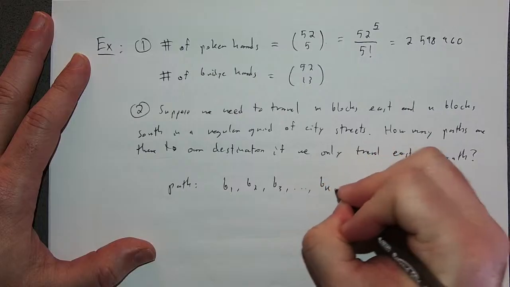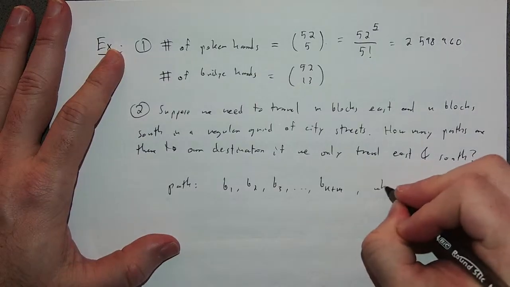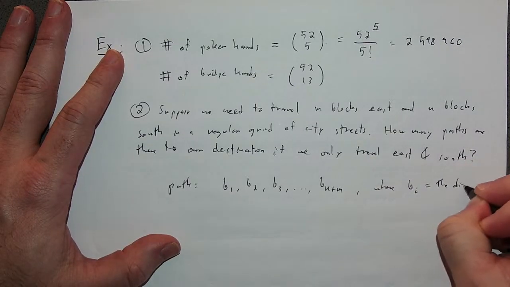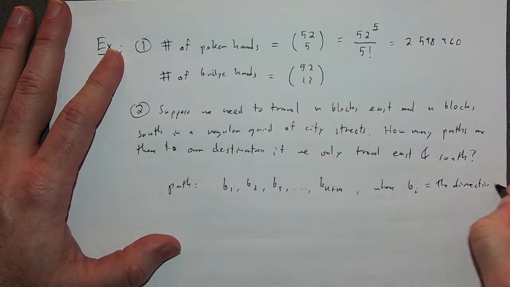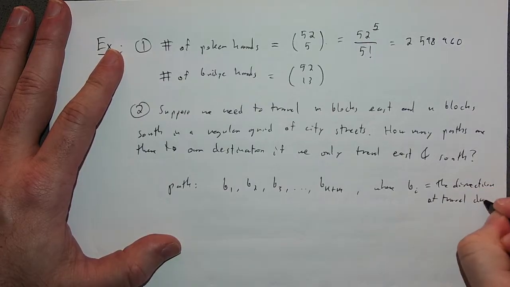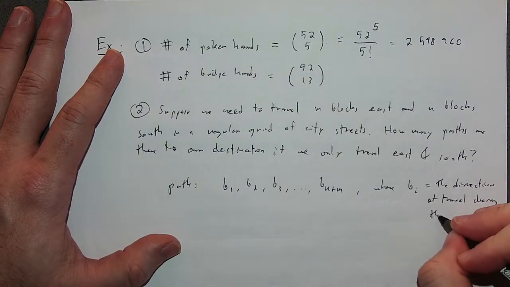Then I have gotten to my destination at the n plus m step, where the b sub i's represent the direction we're traveling during the ith block, the direction of travel during our traversing of the ith block.